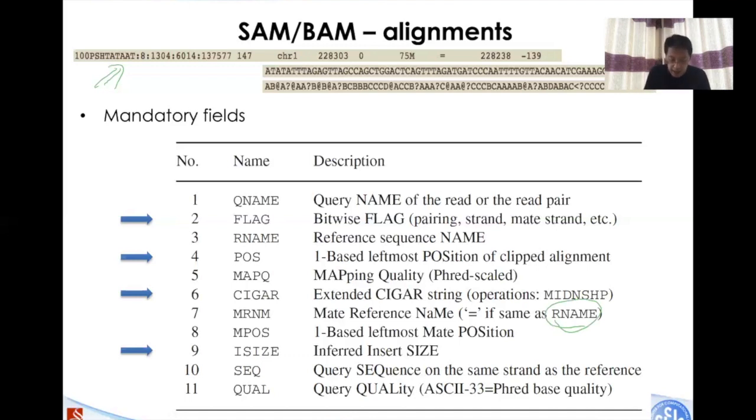And after that will be the mate position, and then the inferred insertion size. And then the sequence information, as you can see, and the quality information. So remember that this is information that will be in the FASTQ file as well.